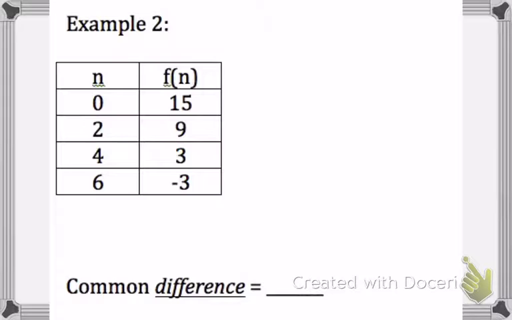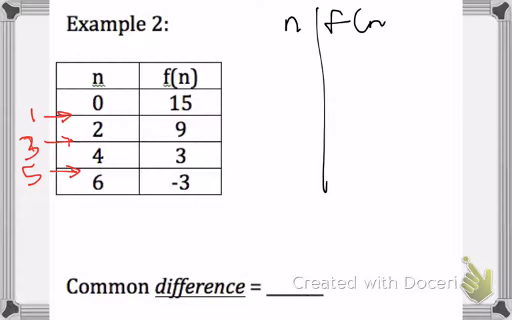Okay, moving on to the next one. So looking at this one, I see that right here, I should have a 1. Right here, I should have a 3. And right here, I should have a 5. So we also need to remake this table, so to speak, and add those in before we can start looking for a pattern.